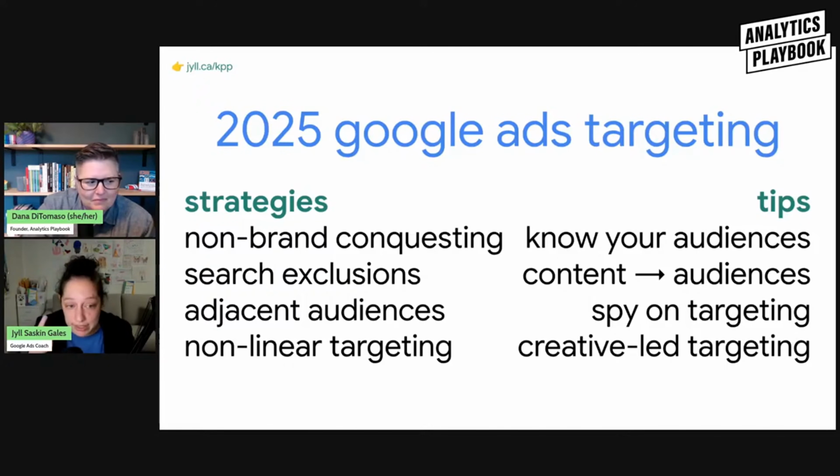First, know your audiences before you can use your audiences. Turn content targeting into audience targeting with custom segments. Spy on targeting to sharpen your skills using the YouTube homepage or wherever you prefer. And then let your creative lead your targeting. Don't outsource your thinking to AI. We can all tell. So, which strategy are you going to try first?